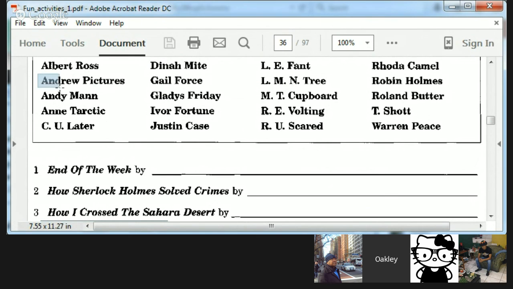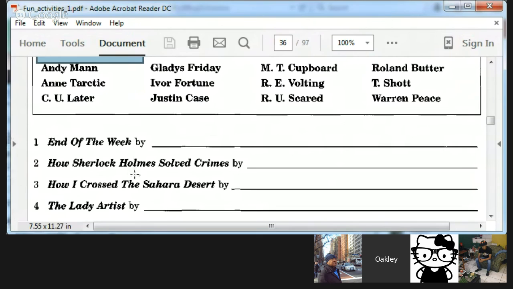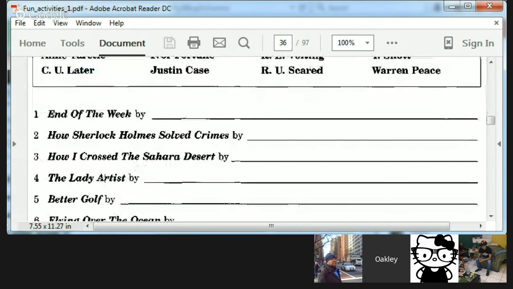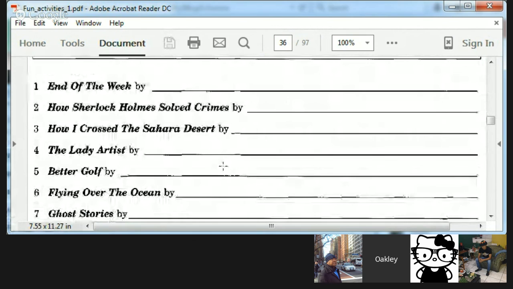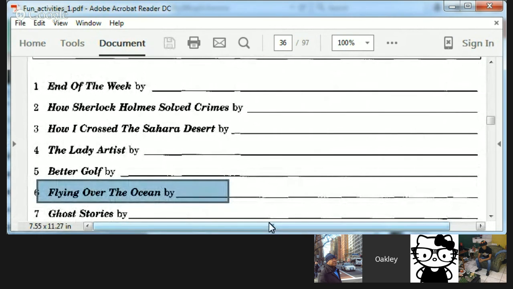And drew pictures. Okay, same as the other silly pun we saw the last time. Okay, Heidi. Better Golf by T-shirt. T-shot. Very good. Oh, now you're getting it. Now you got the idea. Yeah, that's it.